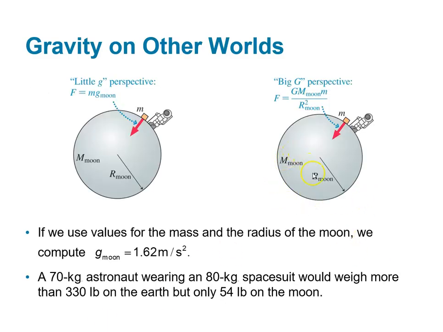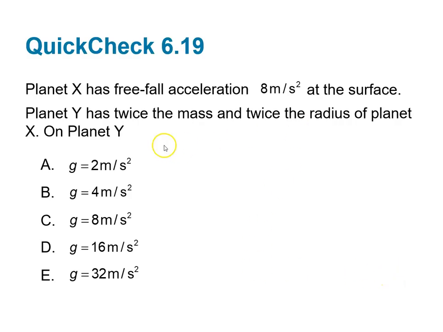So if you put the numbers in for the moon, the acceleration due to gravity on the moon is only 1.6, which is quite a lot smaller than 9.8 on the surface of the Earth. So if a 70 kilogram astronaut wearing a spacesuit were weighed on the Earth, they'd weigh 300 pounds. On the moon, they would only weigh 54 pounds.